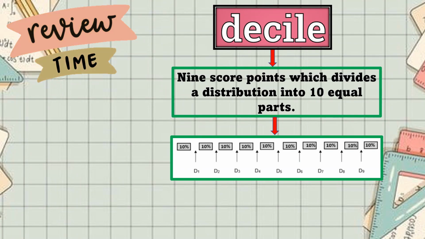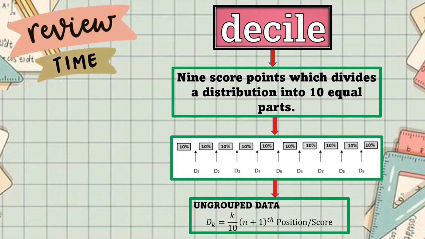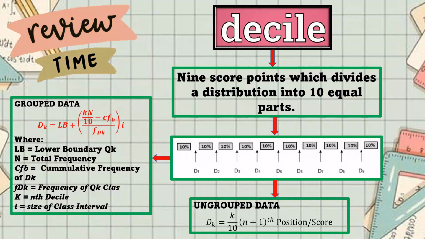To find the decile for our ungrouped data, we use the formula d sub k is equal to k divided by 10 times n plus 1 position or score. And then we do the linear interpolation. For our grouped data, we have the formula d sub k is equal to LB plus (k times n divided by 10 minus CFB) all over FDk times i.